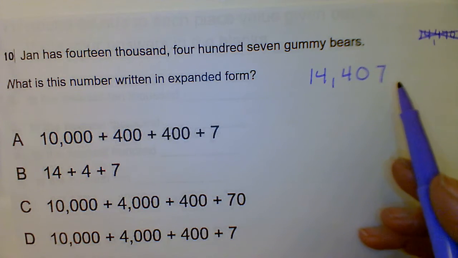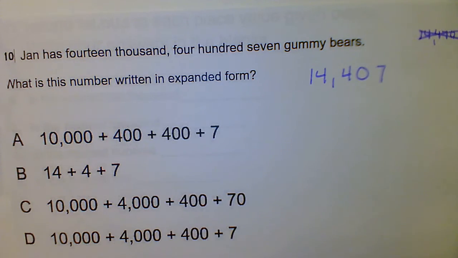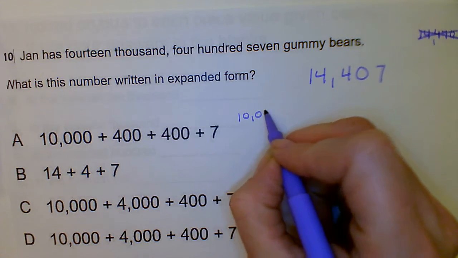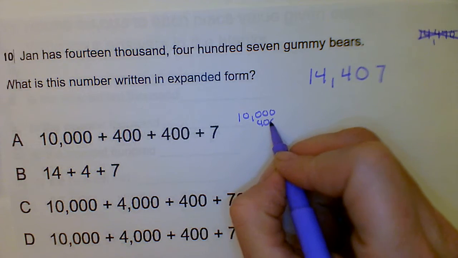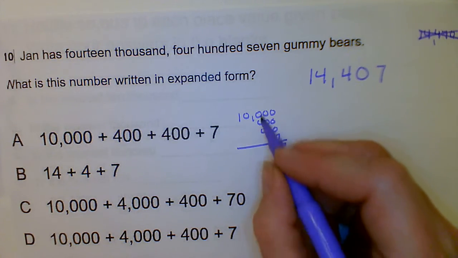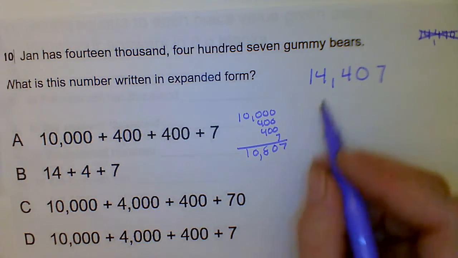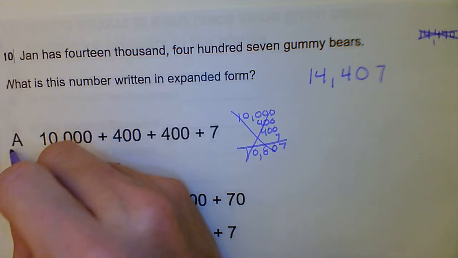Now, if you're really good, you can also add these together and see which one gives you the correct answer. So, for example, if I did this one, I could add all these numbers together and see what I get. And I would get 7,080. Uh-oh, it doesn't match. I know that's wrong.